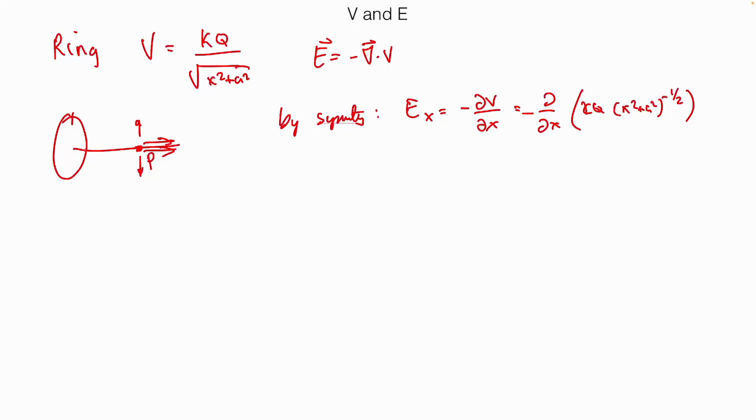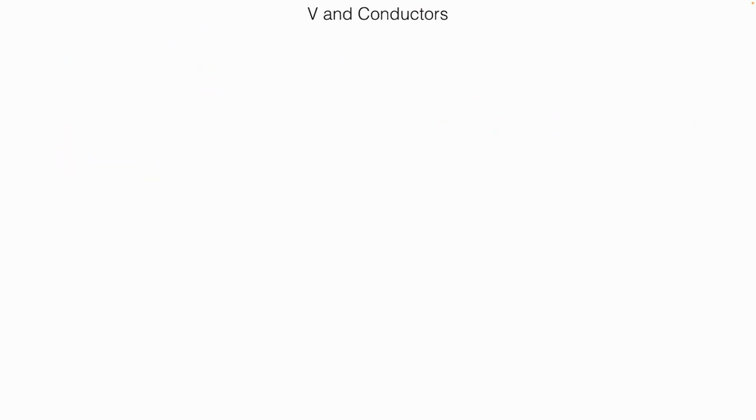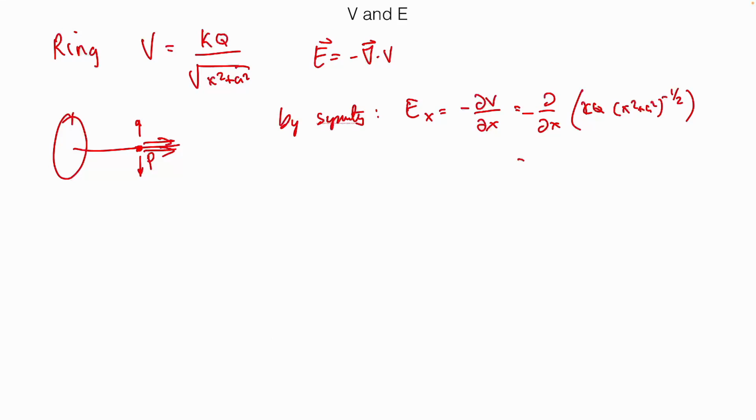What's the derivative of that thing? Negative kq comes out. The derivative of x squared plus a squared to the negative 1/2 is the exponent brought down, and we subtract 1, so we get negative 3 halves.